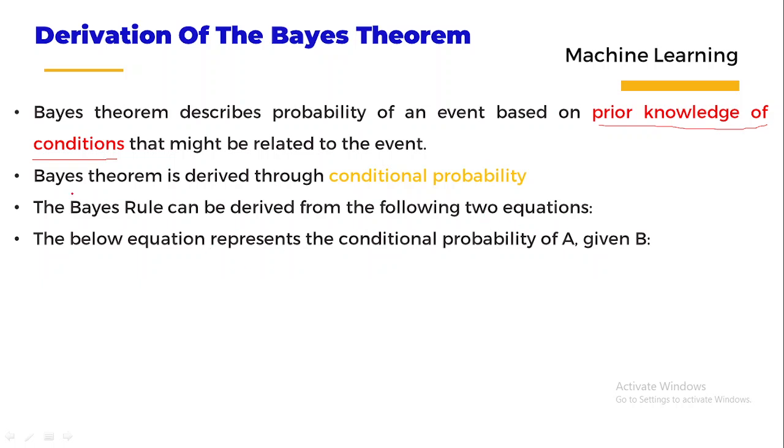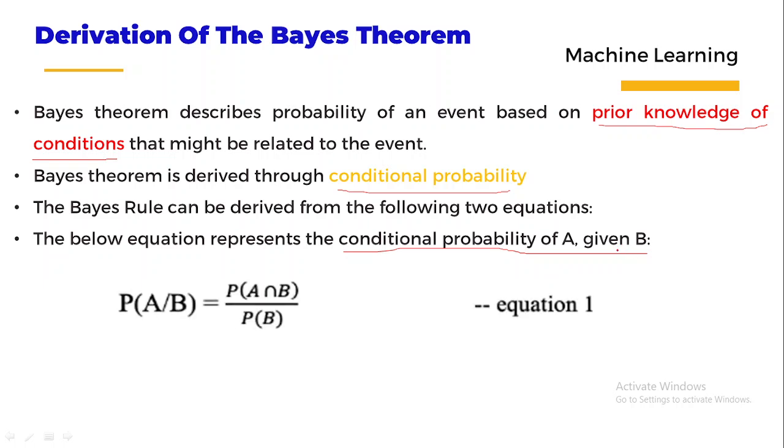For deriving the Bayes theorem, first we calculate the conditional probability of A given B. Conditional probability of A given B is equal to probability of A and B divided by probability of B. This is equation number 1.